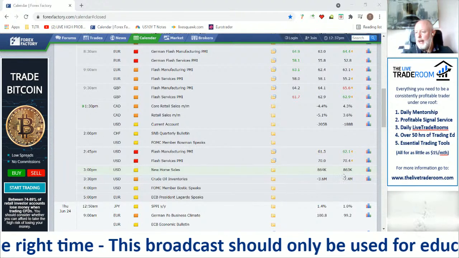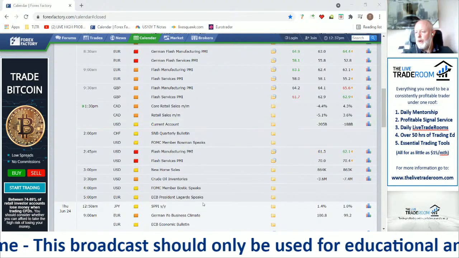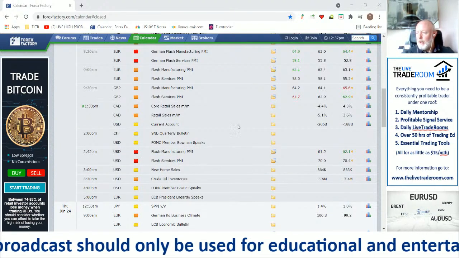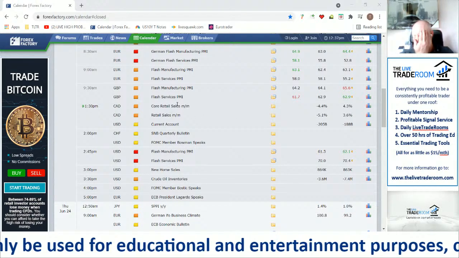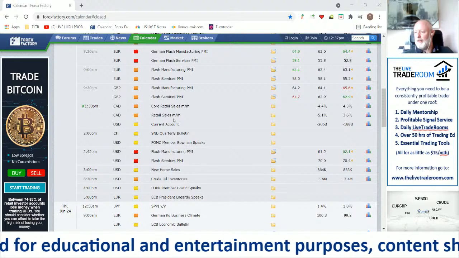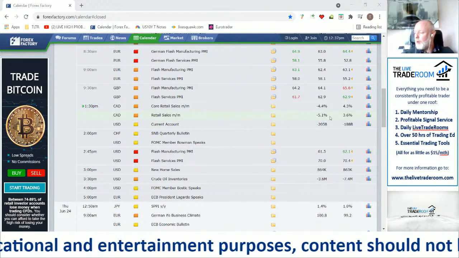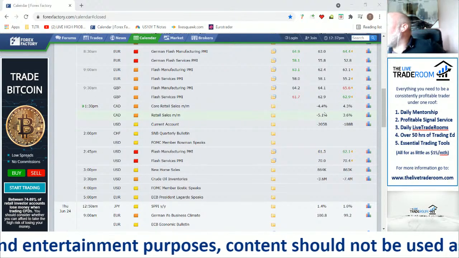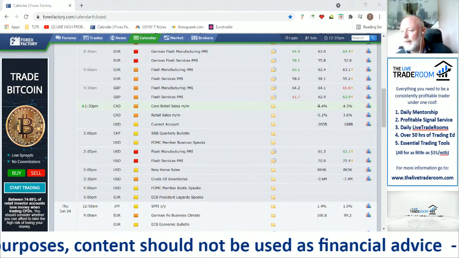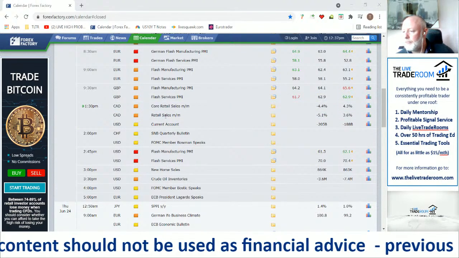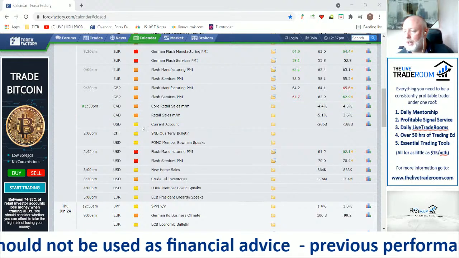Okay, as we scroll through, what do we have to deal with today? We've got some retail sales figures impacting the Canadian dollar, so we might experience a little bit of volatility. Anyone trading the CAD, should I say? We're actually in the CAD on a bigger time frame, but we'll see if an opportunity exists on a smaller time frame.